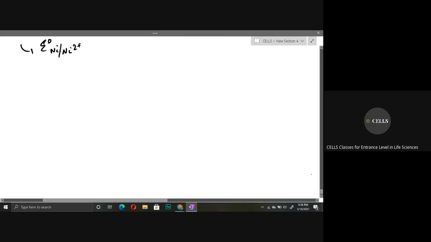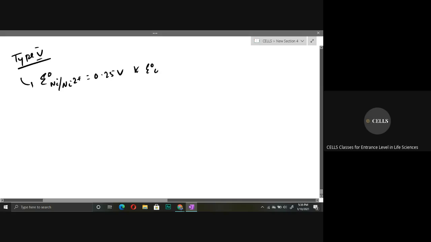Now type 5. I think they have given you this case: E0 Ni2+ to Ni is 0.25 volt, and E0 Cu2+ is minus 0.34 volt. Now see this very carefully.